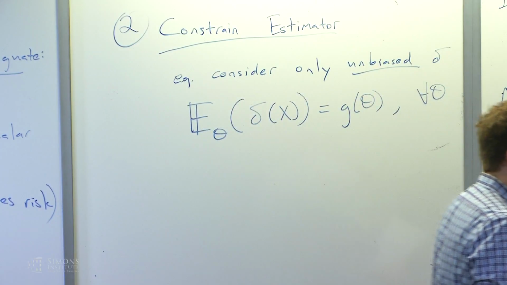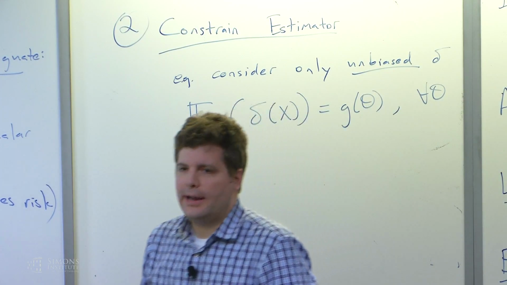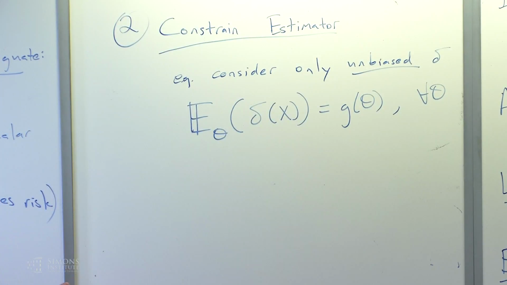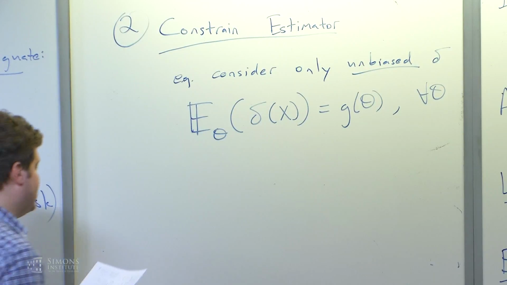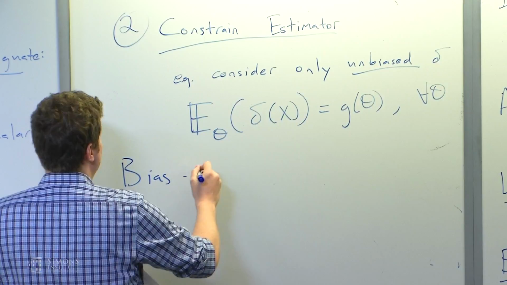However, I think this requirement of unbiasedness has somewhat fallen out of fashion in the last few decades. Now bias is viewed more as something to be managed than something that you would try to completely eliminate. And that brings me to my next topic, which is the bias-variance tradeoff.